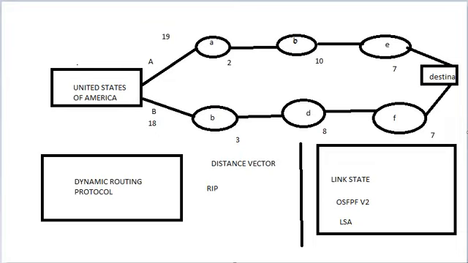The link state advertisement is like how we chat with each other on the phone. If you want to know more about router E or router F, they'll say okay, this interface is connected to a network.